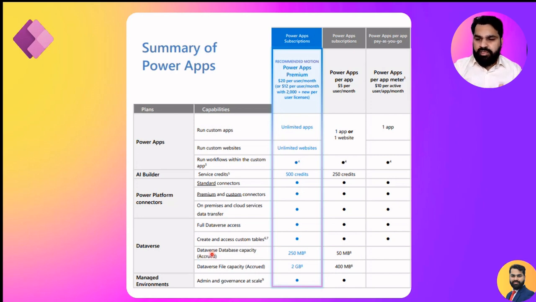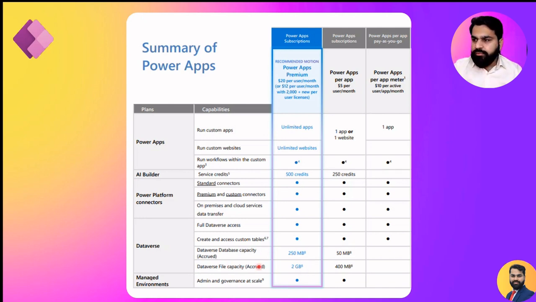Now, Dataverse comes with a couple of different types of capacities. One is database capacity, then we also have file storage capacity. In this case, per user, per license, 250 MB of database storage will be added to the tenant, and then 2 GB of file capacity will be added to the tenant.